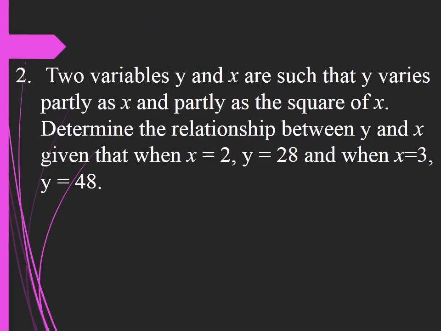Question 2. Two variables y and x are such that y varies partly as x and partly as the square of x. Determine the relationship between y and x given that when x is 2, y is 28, and when x is 3, y is 48.